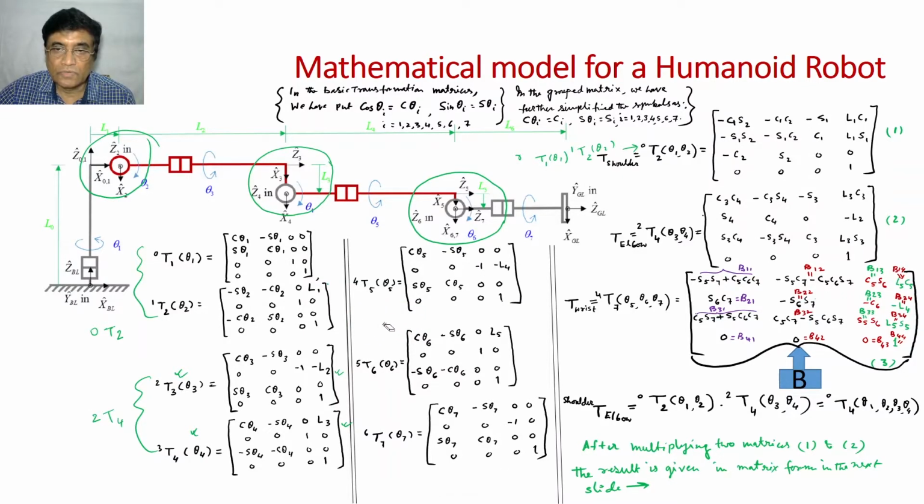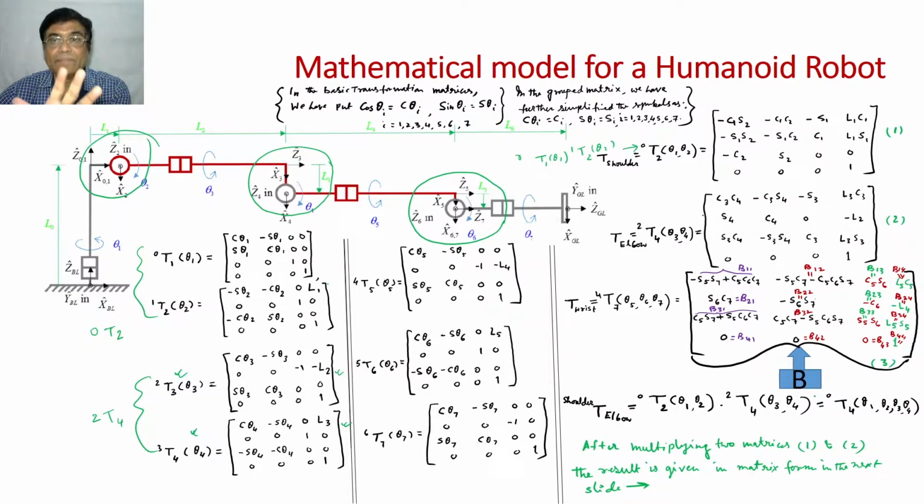Okay, so you got the wrist, you got the elbow, you got the shoulder. Now having got all this, let us call it equation number 3. And now we are trying to create the transformation of the elbow. If I know anything with respect to the elbow joint, I'll be able to straightaway know it with respect to the shoulder joint by multiplying.